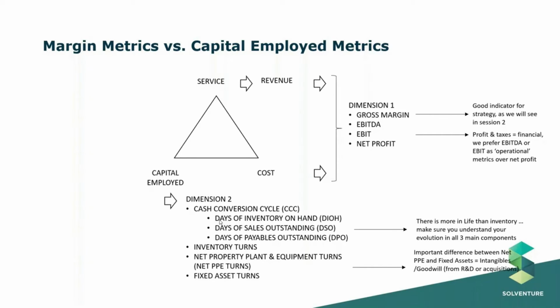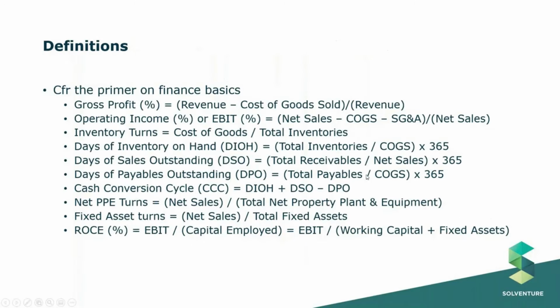The fixed assets is typically composed of the net property, plant and equipment. That's the physical equipment. And also the goodwill. And the net property, plant and equipment and the goodwill together in large terms define the fixed asset. So we typically look at net PPE turns and at fixed asset turns. And these are some definitions.